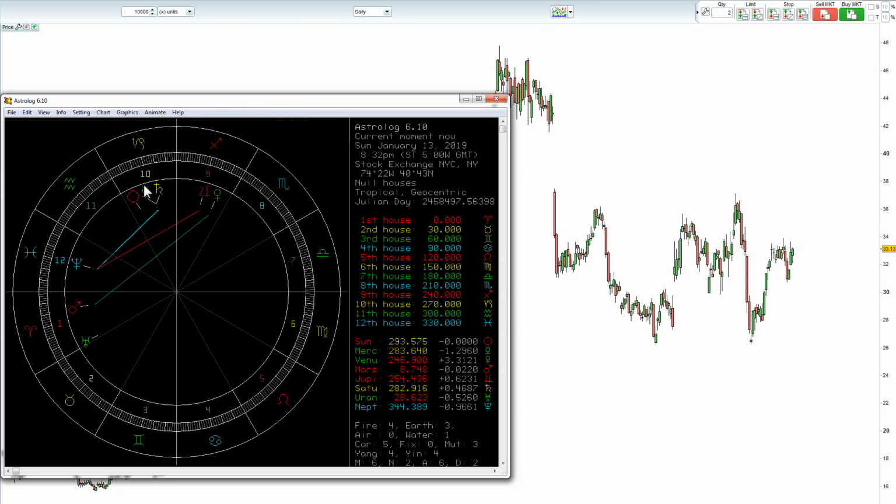Now Mercury is conjunct Saturn there, and that's January 13th, 2019. And we actually get a lower top right there. If we look at Mercury and Uranus, we see that we are square right here.